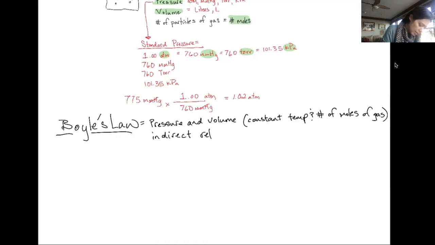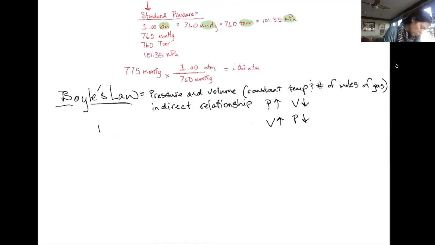What that means is one variable increases, the other variable decreases. Pressure goes up, volume goes down, volume goes up, pressure goes down. Typically, it's the volume that's causing this change, right? We change the volume and then the pressure is affected typically, all right?